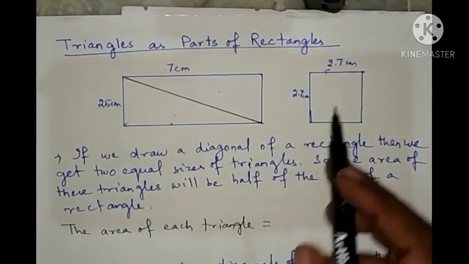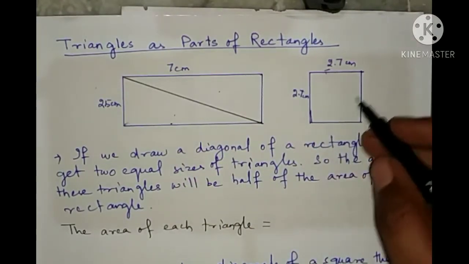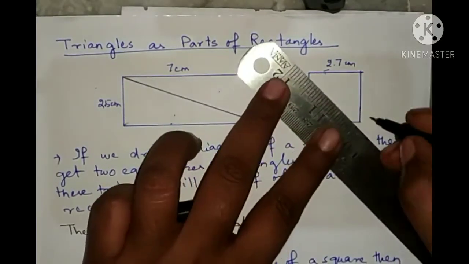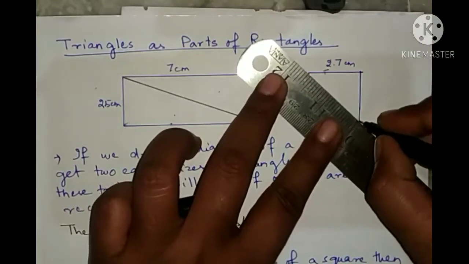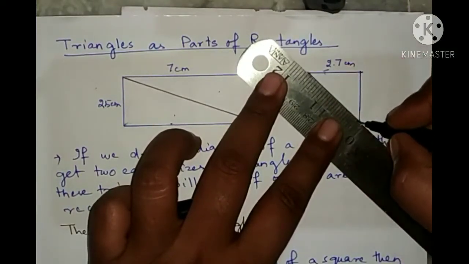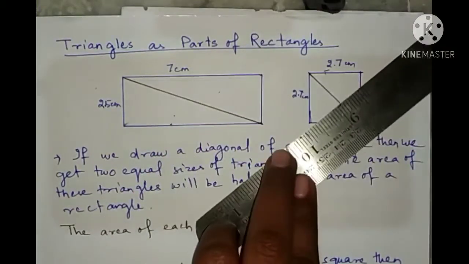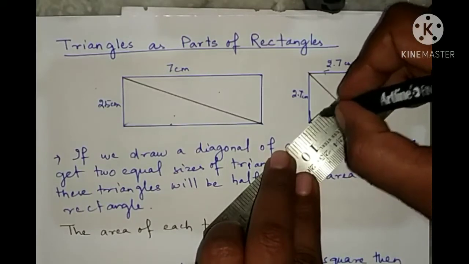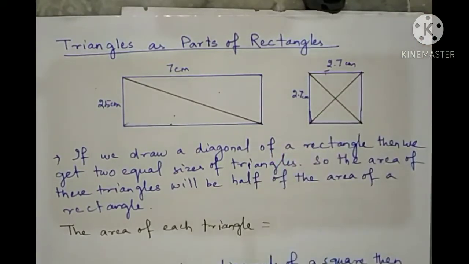And if I draw two diagonals in a square like that, what am I getting?